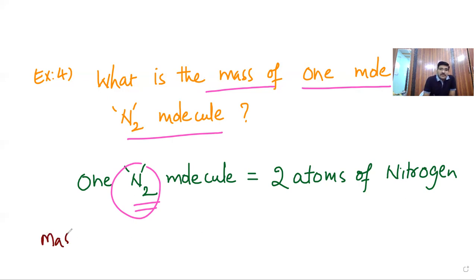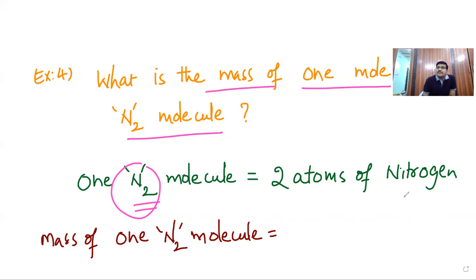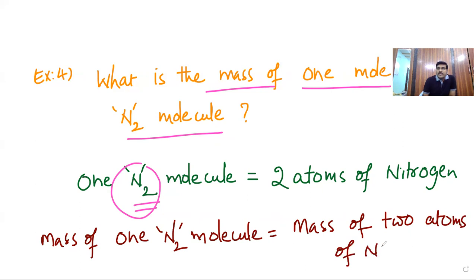Mass of 1 N2 molecule, nitrogen molecule, is equal to the mass of 2 atoms of nitrogen.